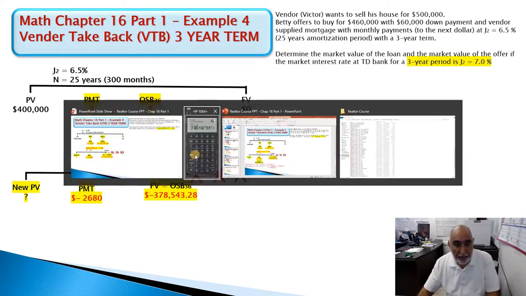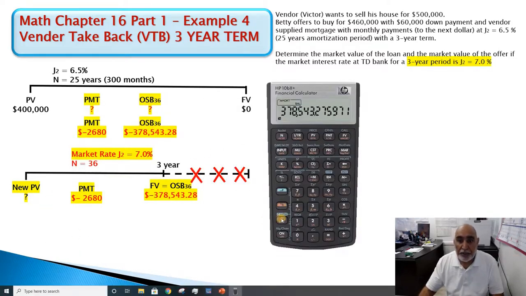I bring my calculator and clear. J2, 7, needs to be converted to effective 12. Done. Conversion's done. N is 36.